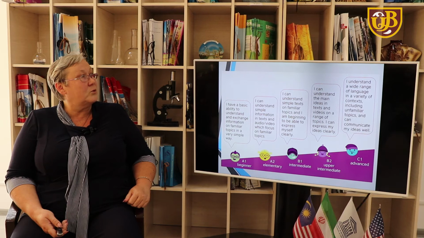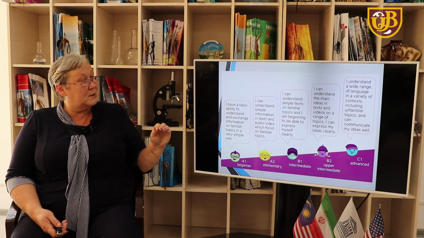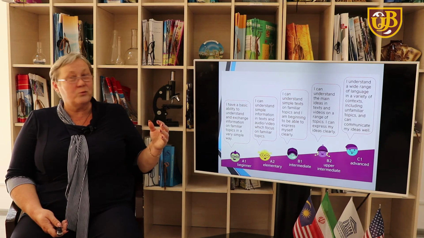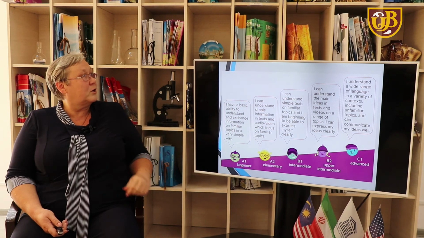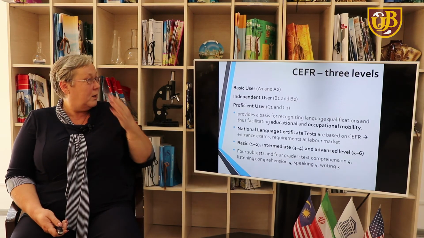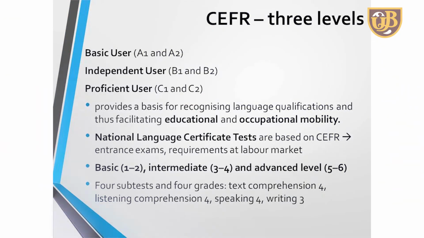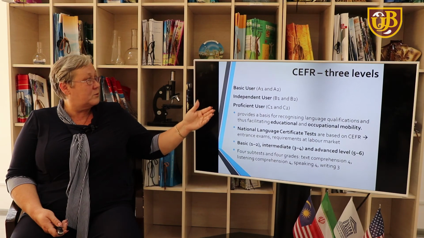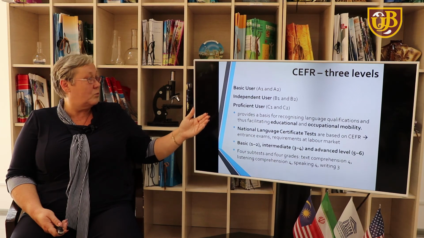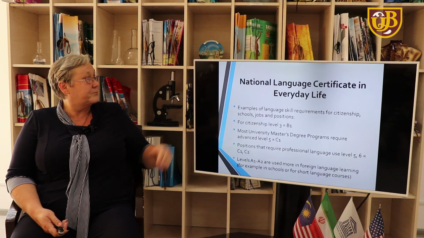C1, I understand a wide range of language in a variety of contexts, including unfamiliar topics, and can communicate my ideas well. That is the level we plan to achieve with the students of higher educational institutions. As I've said, these are basic user, independent user, and proficient user. So we can call A1 and A2 basic user, B1, B2 independent user, C1 and C2 proficient user.